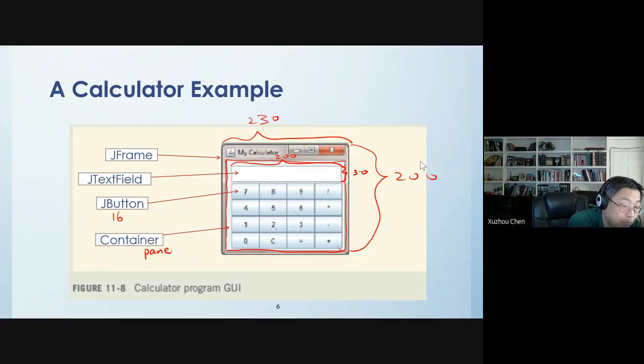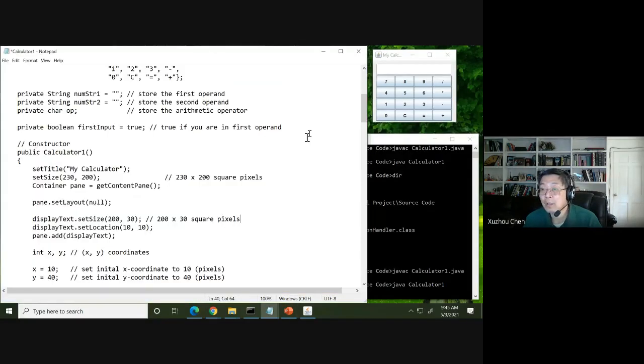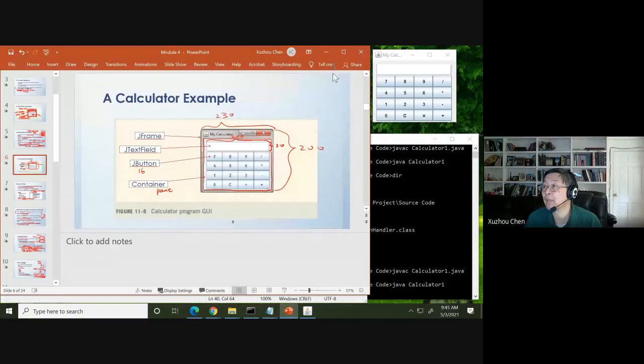I think that's pretty much the original setting. So that's the display text field. And then I set a location to 10, 10. Let me bring this up again.